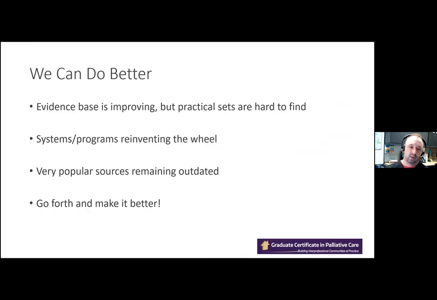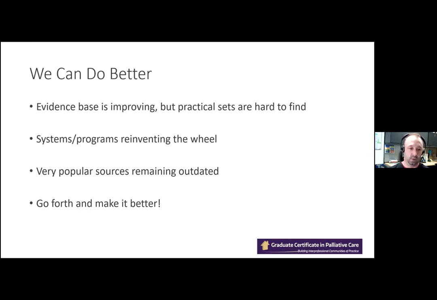And then the parting thought I want to leave you with is that we have a lot of evidence now for how to do this well, and practice is improving, but it is really hard to find practical order sets that put this all together that aren't at an individual institution. So if you look at CAPC and you try to search comfort care order set, it's really hard to find something.